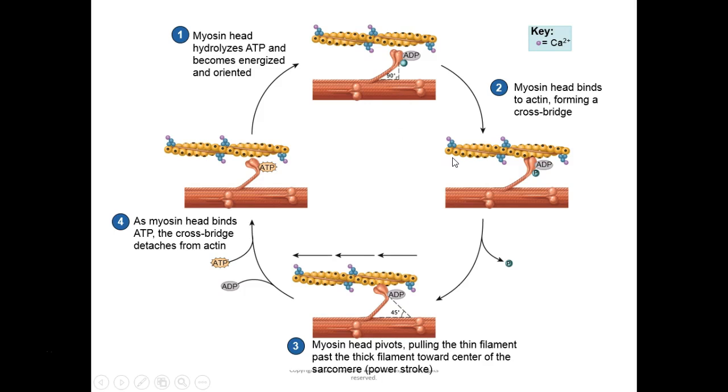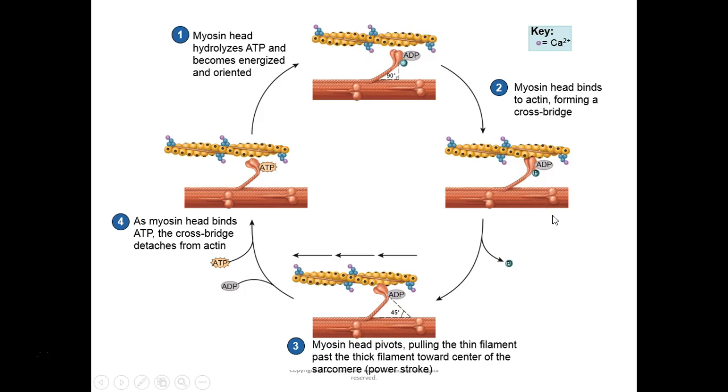The second step is where that energized myosin head attaches to the myosin binding site on the actin. So it releases that energy that's holding it cocked back in that spring-like position. The head is then referred to as forming a cross bridge. So the cross bridge is actually what is formed when the myosin head binds the actin binding site.